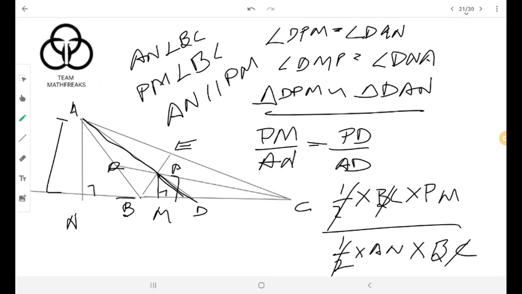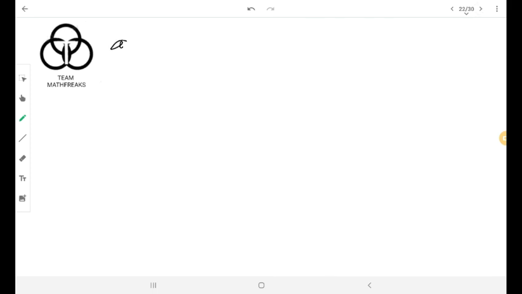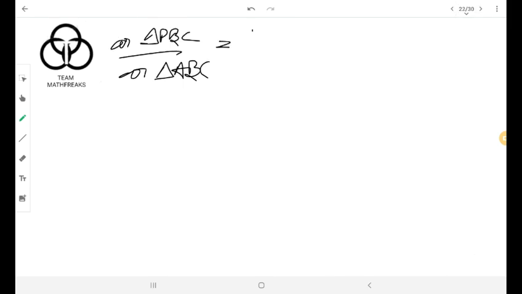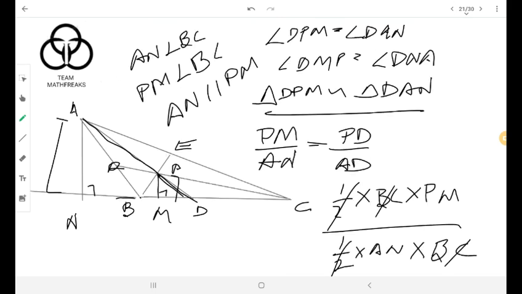So what we are having, area of triangle PBC over area of triangle ABC equals PM by AN equals PD by AD.